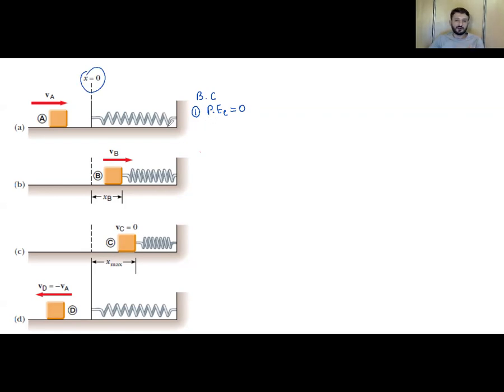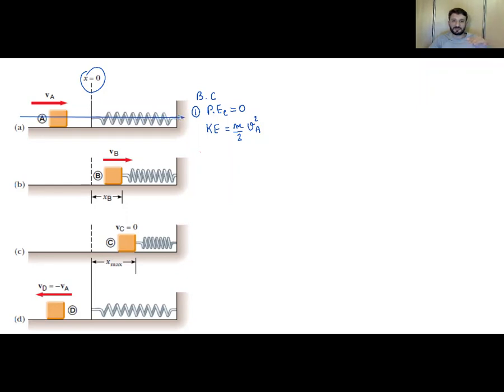Second, for the object, the mass m has a velocity, so here we have a kinetic energy. Kinetic energy equals half mv squared. In this case, v equals VA, squared. And as you see here, we have a horizontal motion at the same level.